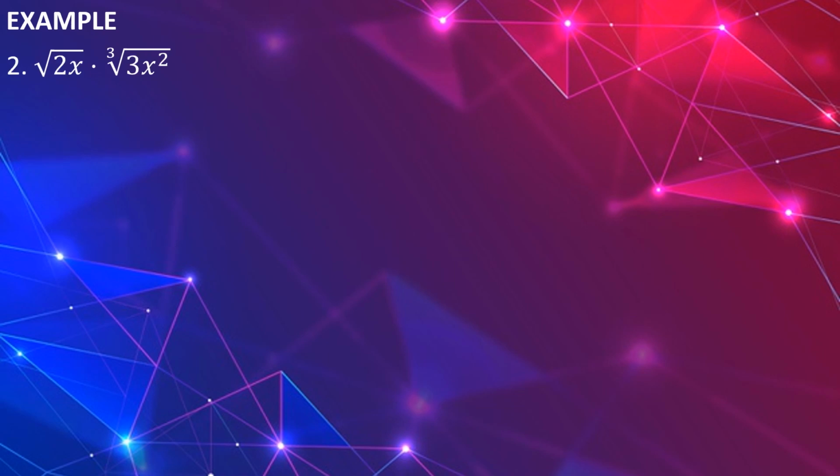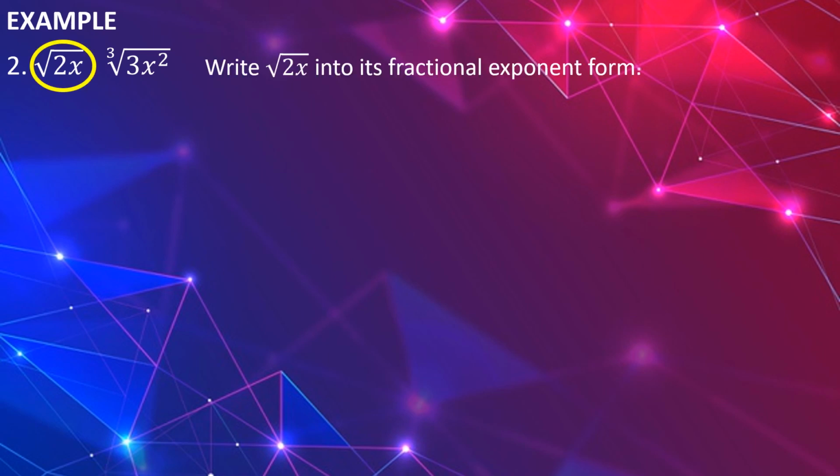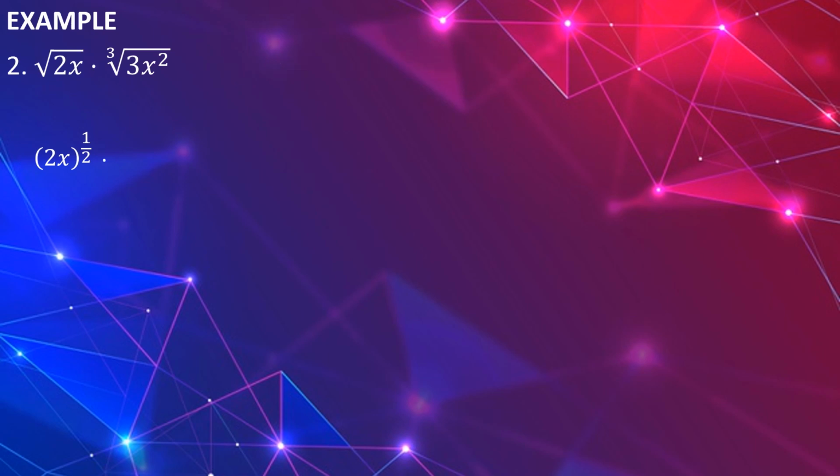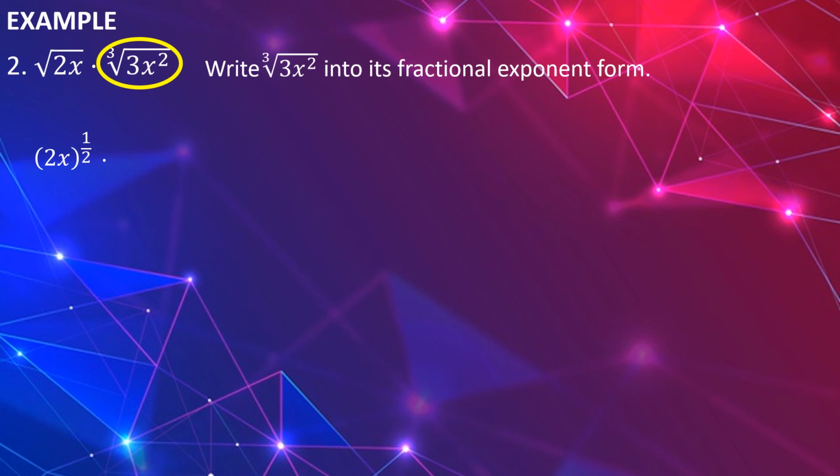For our second example, we have the square root of 2x multiplied by the cube root of 3x squared. First, we are going to write the radicals in their fractional exponent form, and we start with the square root of 2x. It is written as the product of 2 and x raised to 1/2 times the fractional exponent form of cube root of 3x squared, which is written as the product of 3 and x squared raised to 1/3.